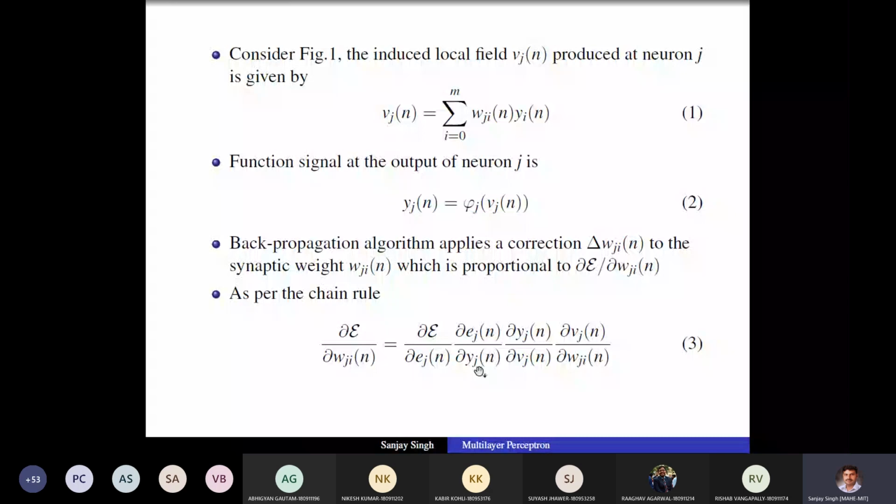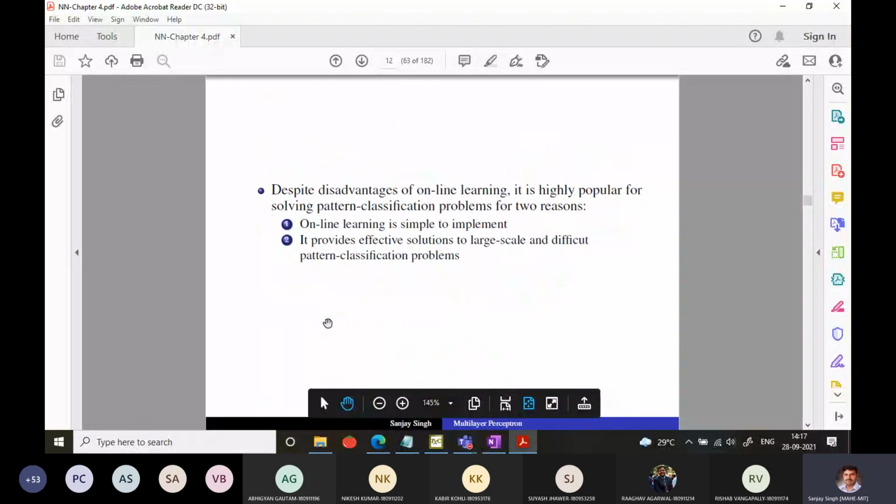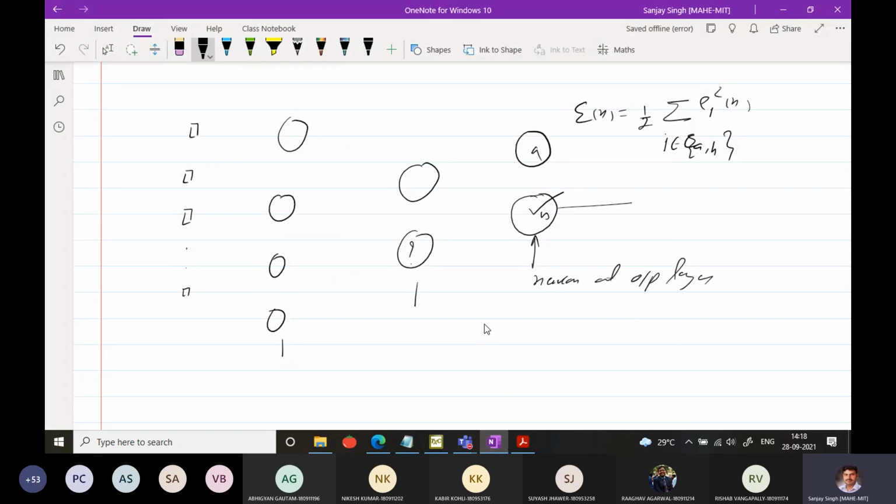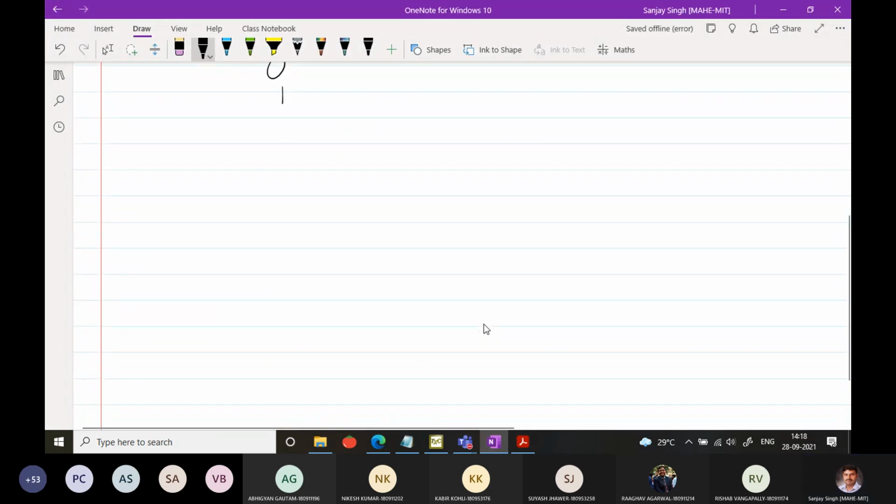So how do I know all these things? Let me take you to the board and the diagram, so that it will be easy for you to visualize. Okay, this is the diagram.